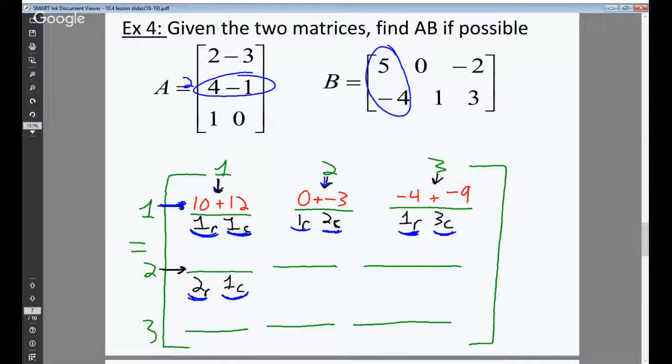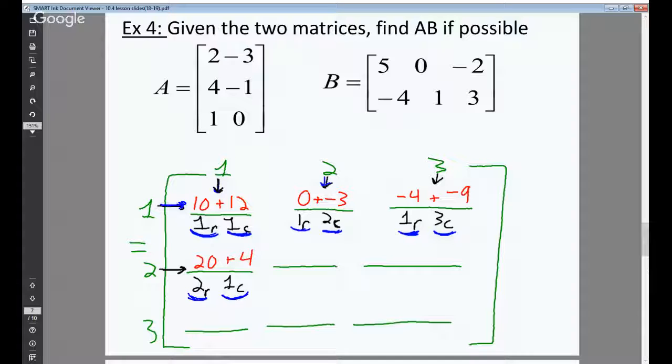So then we'll multiply these two together. You'll multiply the 4 and the 5 together to get 20. Then you'll multiply the -1 and the -4 together to get 4. And then you just add those together and go from there.